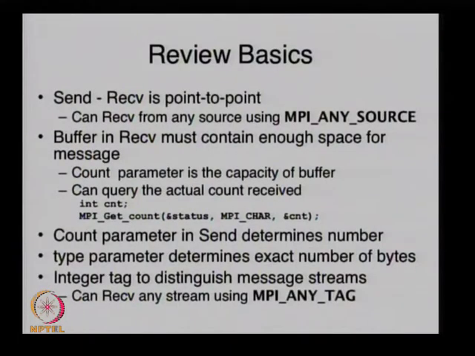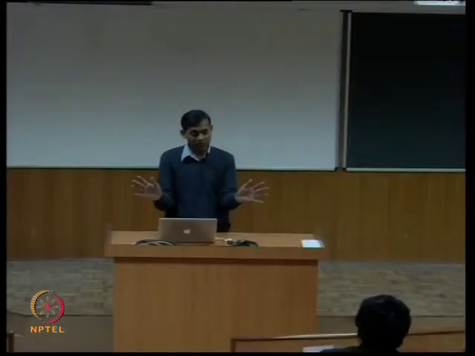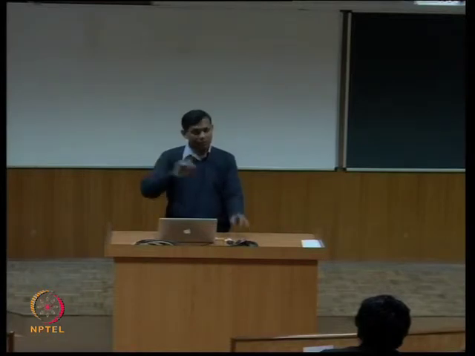It remains point to point, even when you want to receive from potentially multiple sources. You'll be receiving from one of them only. Right? It's like select on sockets. You can receive from any source by saying, in the value of the source, MPI_ANY_SOURCE.